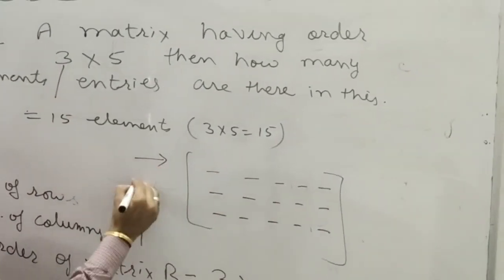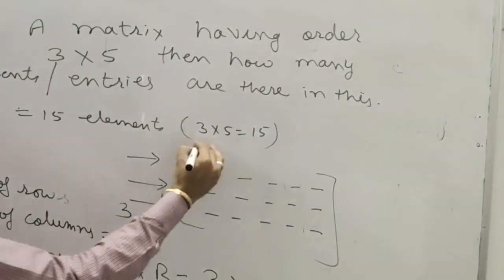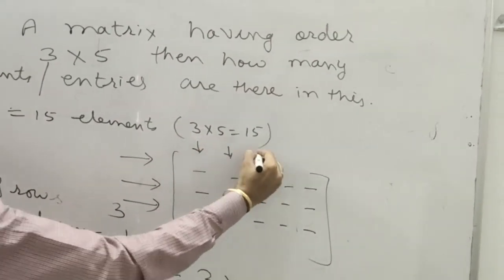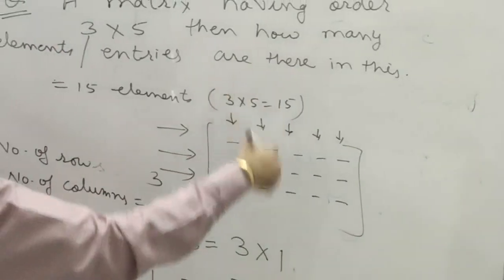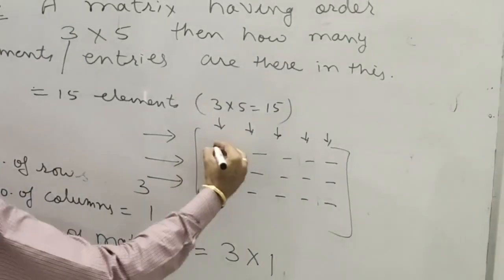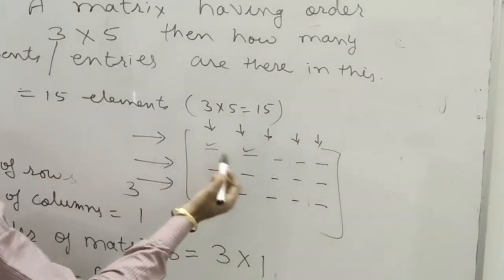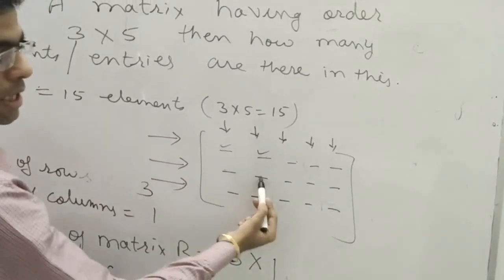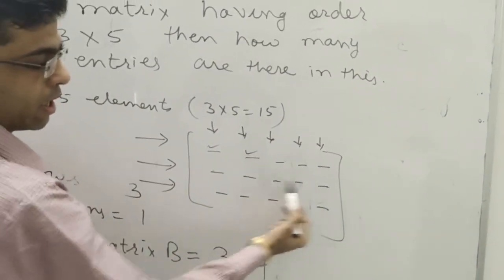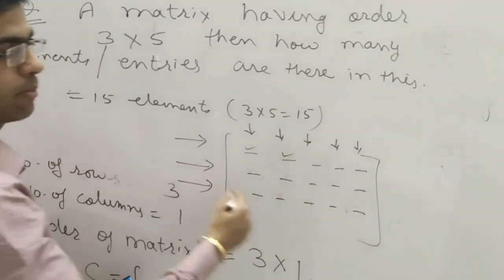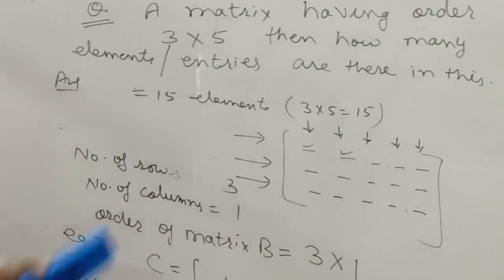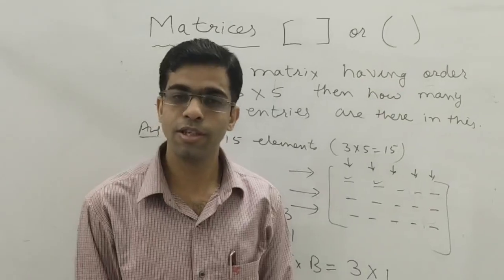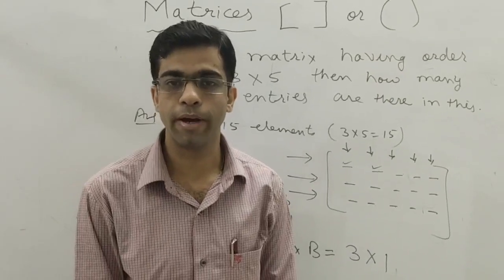These are the 3 rows, and these are the 5 vertical lines which are columns. Any number can come in each place, so we can count 1, 2, 3, up to 15. Simply we can multiply 3 cross 5 equal to 15. So our answer is 15 elements. This is the basic introduction about matrices.